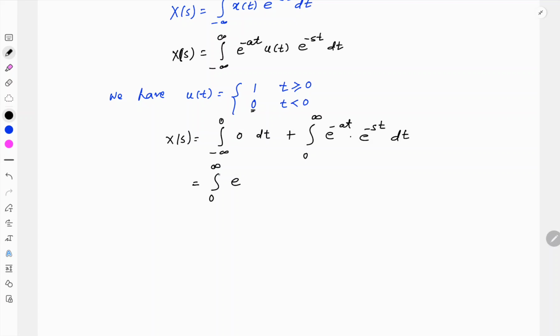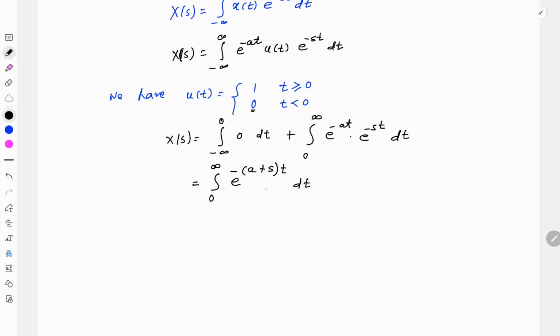So whenever we have the limit plus infinity in the integration, always take the negative sign common in the exponential term. So e raised to minus, the first term is at, so the coefficient of t is a, plus s, because we have already taken the minus sign common, into t dt.